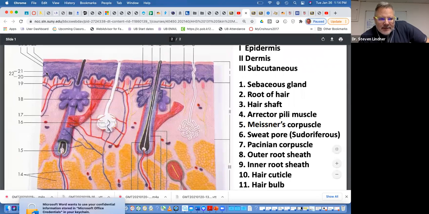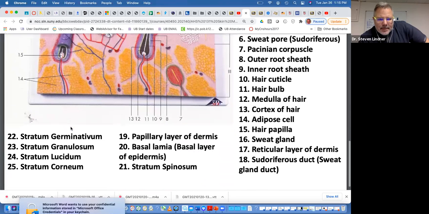Okay, the other 5 layers are here. Remember, Cher loves getting skin Botox. Then the upper part of the dermis is the papillary region, and then the lower part is more reticular. So number 17 is the reticular region.